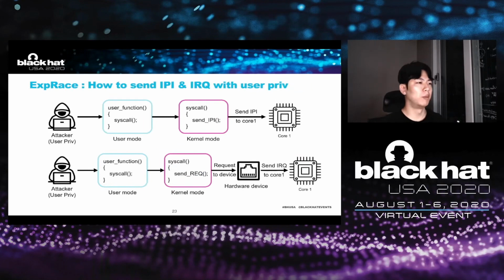However, both IPI and IRQ cannot be directly sent from the user mode. They are only used in the kernel mode. Therefore, EXP-Race attempts to indirectly send interrupts using system calls that internally transmit IPI and IRQ.